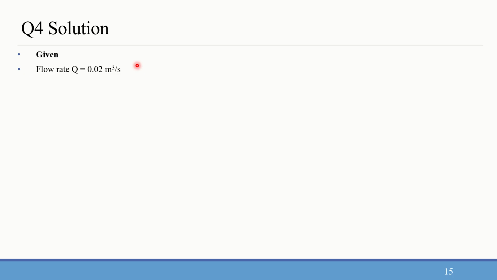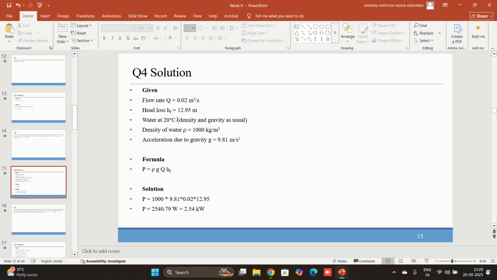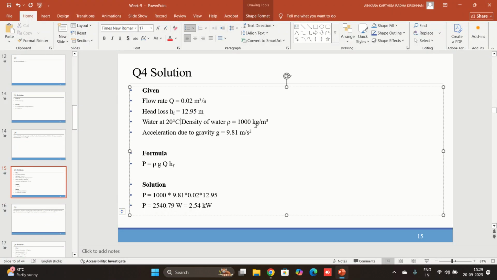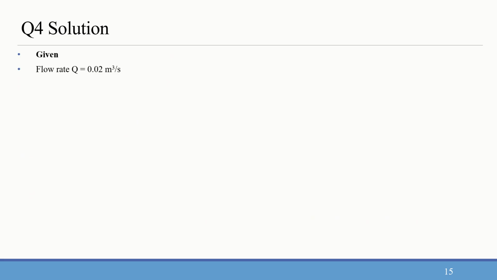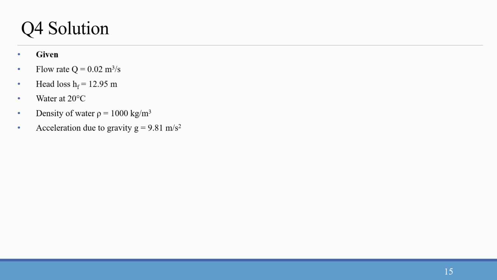So first, given flow rate Q is 0.02 meter cube per second and head loss HF is 12.95 meters, and third one water at 20 degrees Celsius, and we can mention density and gravity. Density of water is 1000 kg per meter cube and acceleration due to gravity G is 9.81 meter per second square. And formula as I mentioned, it is rho G Q into HF.